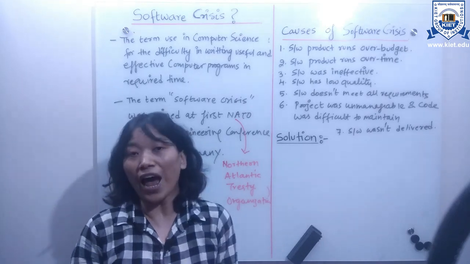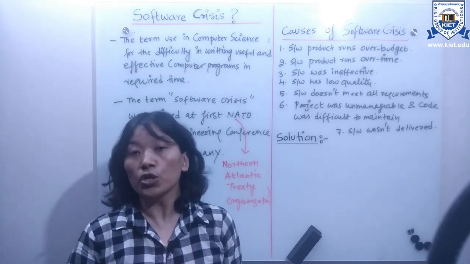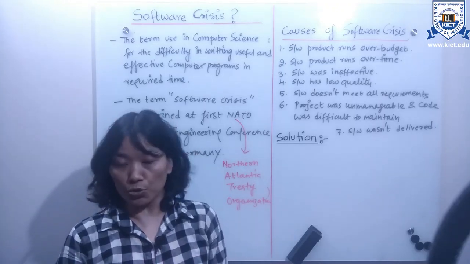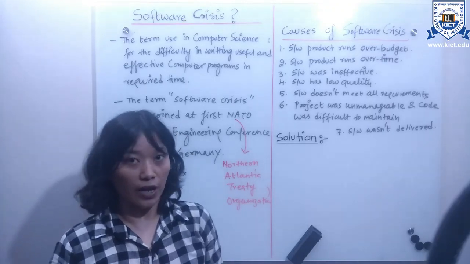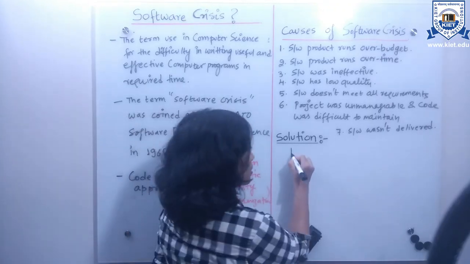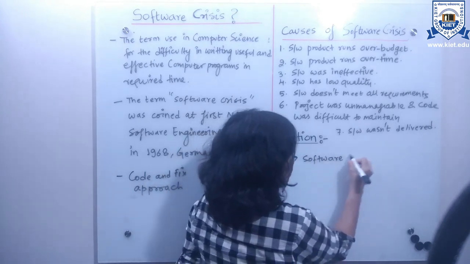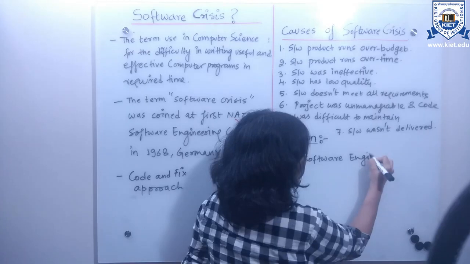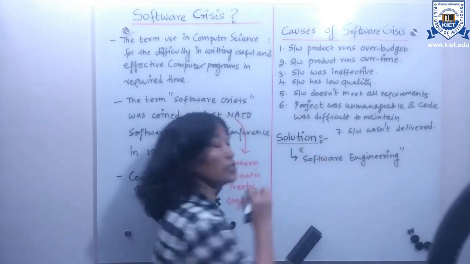So we should have some solution to reduce this software crisis. One possible solution to prevent this software crisis is software engineering.